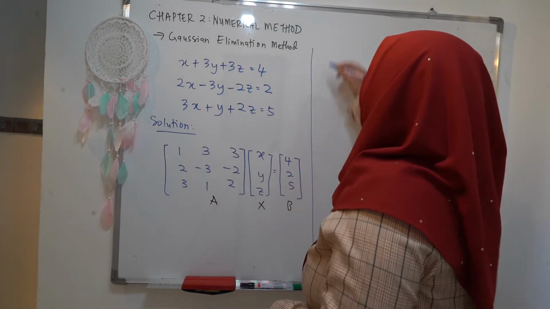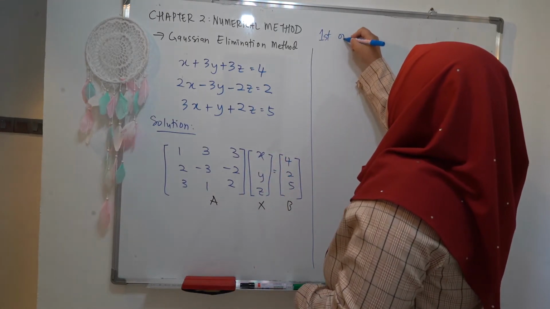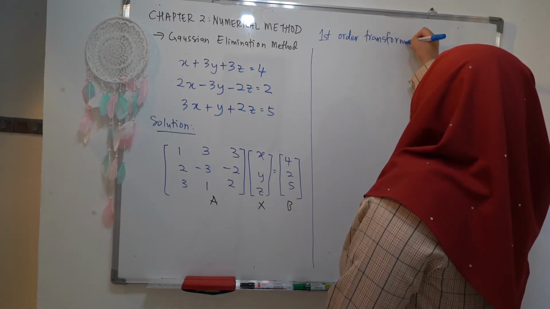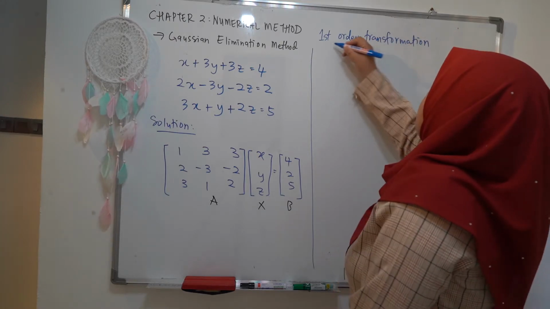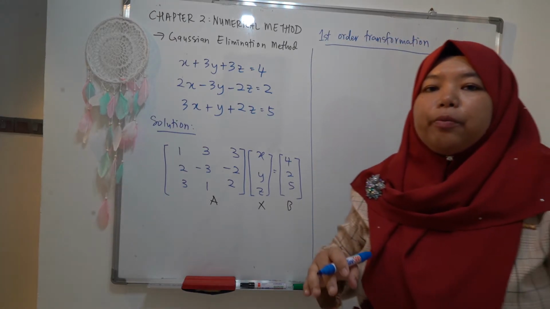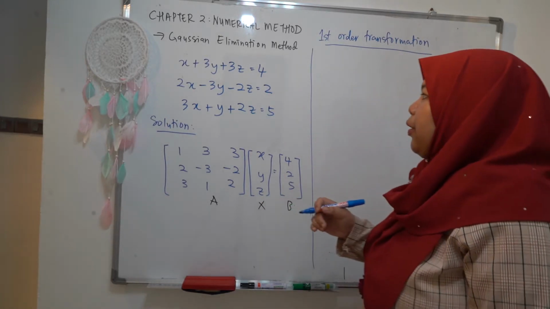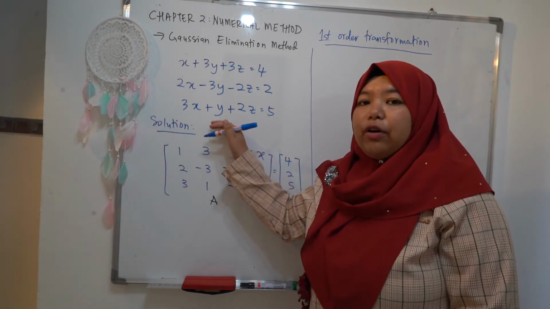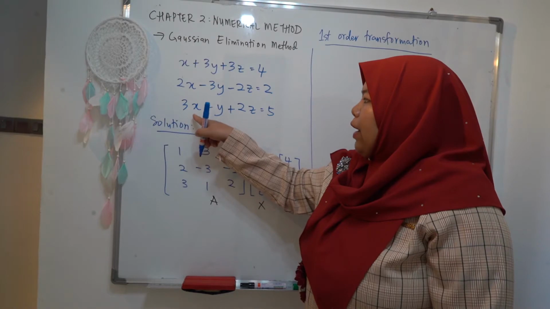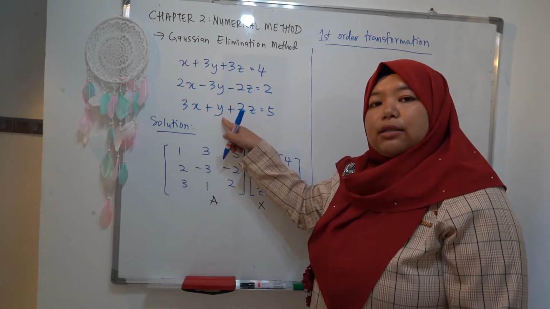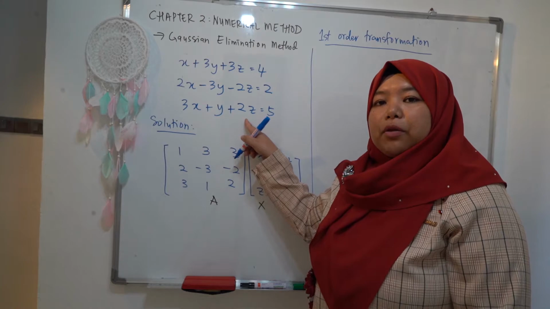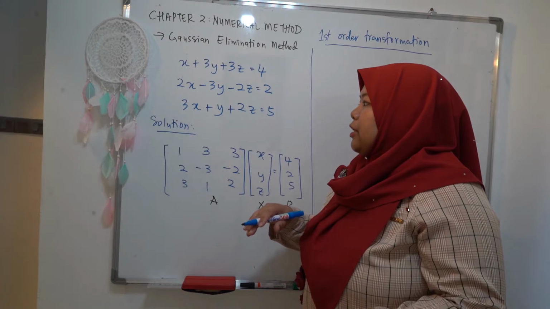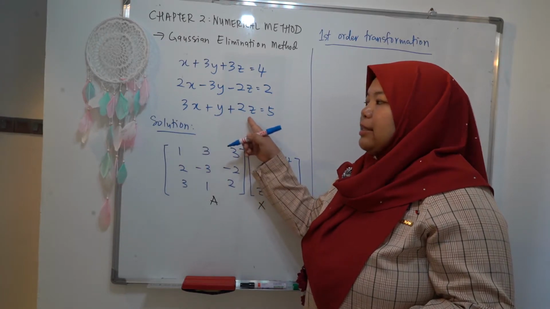So we want to apply the first order transformation. Before we start, I will highlight here: if your question has the variables mixed up, for example, y plus 3x plus 2z, you have to arrange them in the correct order, so x, y, and z.